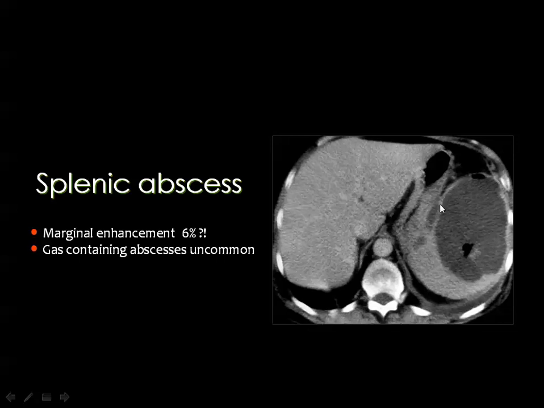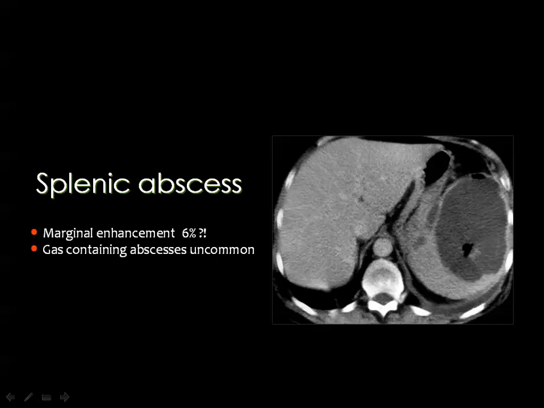The marginal enhancement is one of the criteria, and the presence of air inside the lesion, especially whenever this patient is not touched by any of the clinicians who would like to have some samples from this fluid for culture, or even for just analysis.